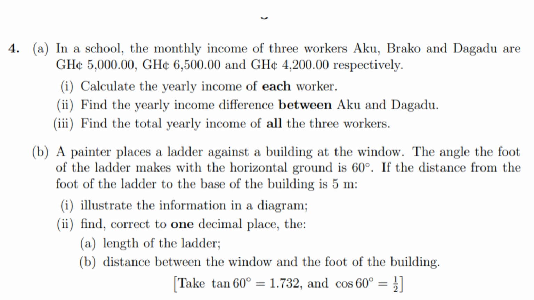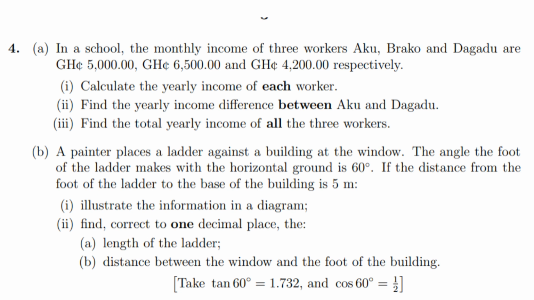Question 4. In a school, the monthly incomes of three workers, Aku, Braku, and Dagadu, are 5,000, 6,500, and 4,200 respectively. We are supposed to calculate the yearly income of each worker, find the yearly income difference between Aku and Dagadu, and find the total yearly income of all three workers. Then B. A painter places a ladder against the building at a window.